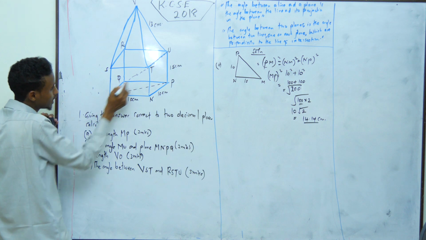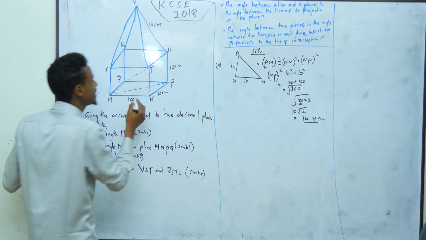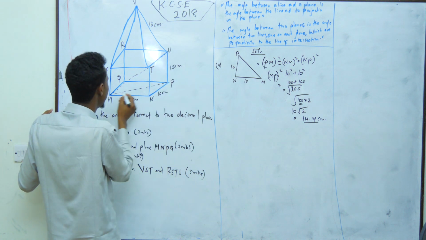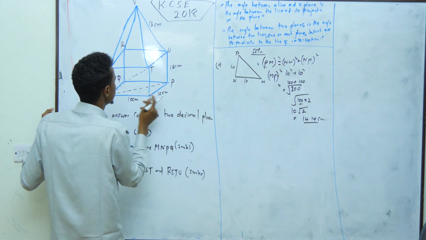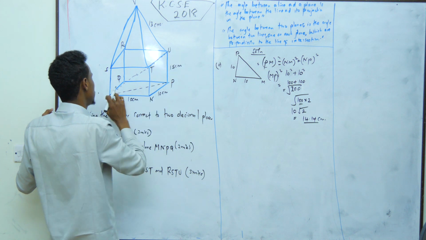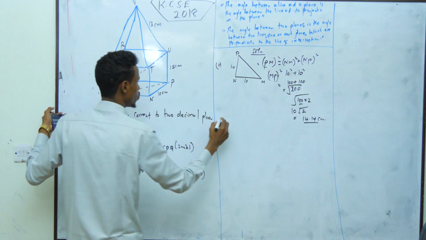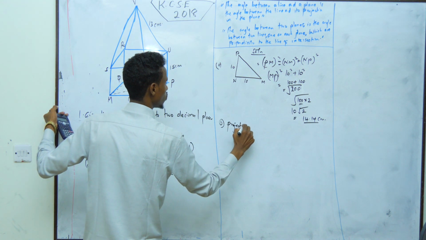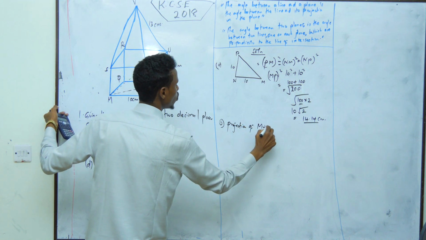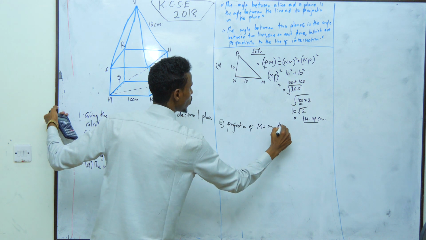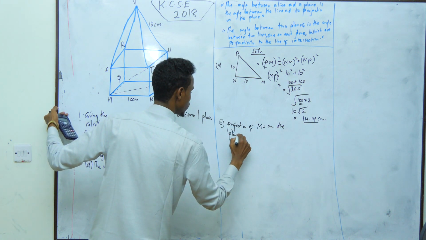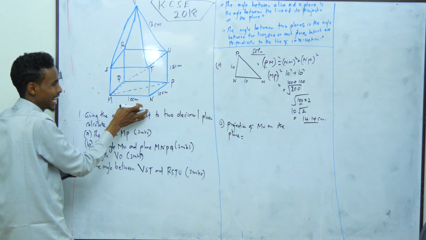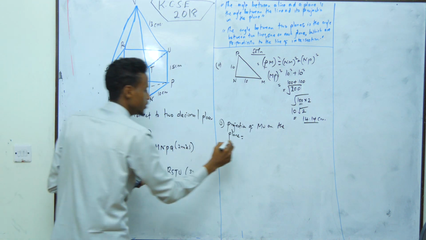The angle between the line, this is the line, right, and its projection on the plane. The projection of this line is this one. The projection of MU on this plane is MP.